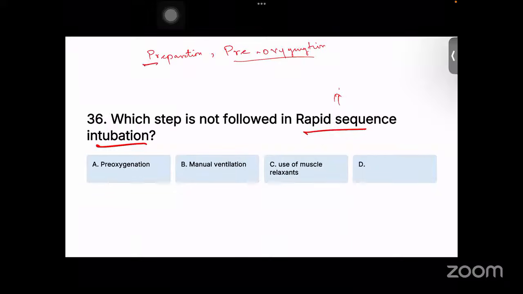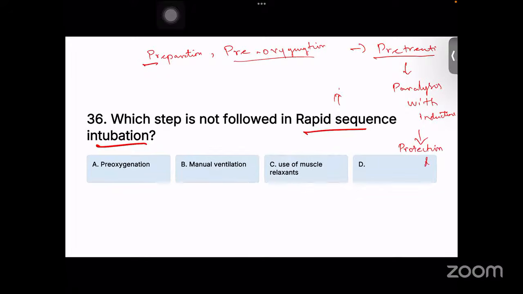The first P was preparation. Second P was pre-oxygenation. Third P was pre-treatment, with lidocaine or fentanyl for hemodynamic blunting; in children, we use atropine. Then paralysis with induction, then protection and positioning, and the sixth P is placement with proof.